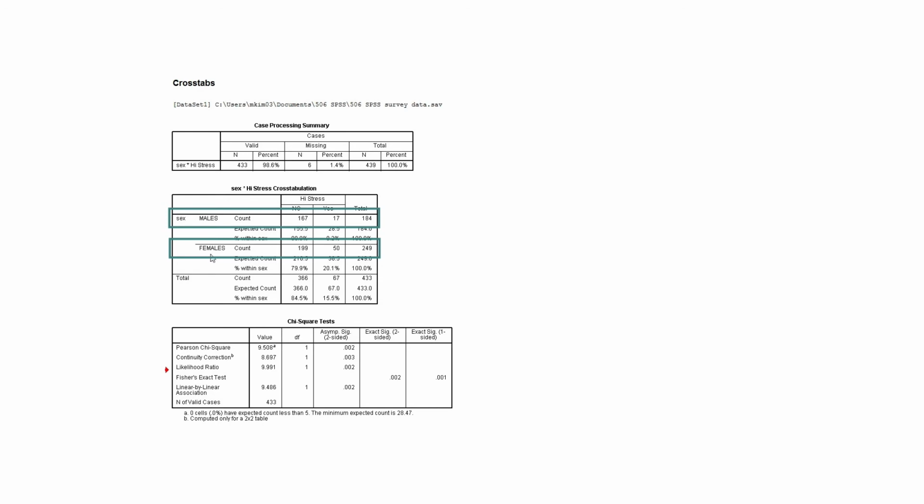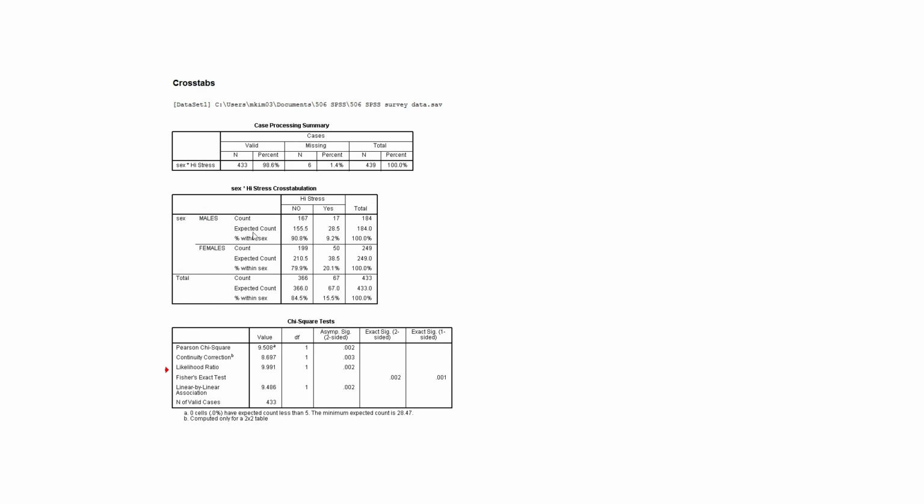And if we see the row of female counts here, we can say that out of 249 females, 199 were not highly stressed out, while 50 were under high level of stress.